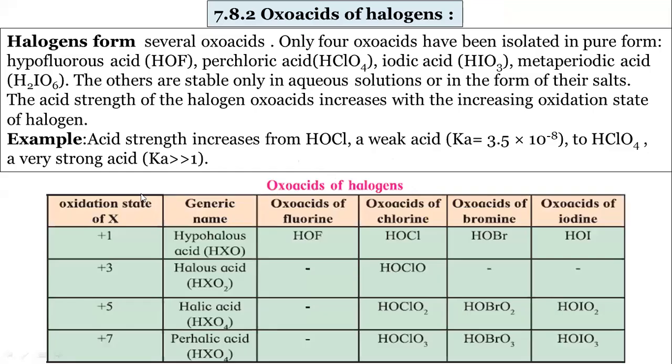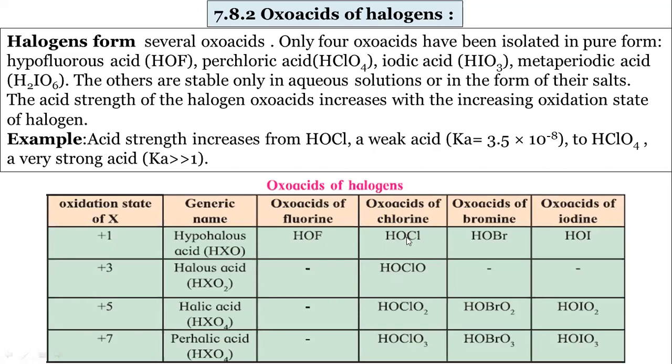Some oxoacids are given in this table, oxoacids of halogens. See the oxidation state, and then the name is given here. The oxoacids of fluorine, chlorine, bromine, and iodine are given. So from this table we can clearly see only chlorine shows all the acids.